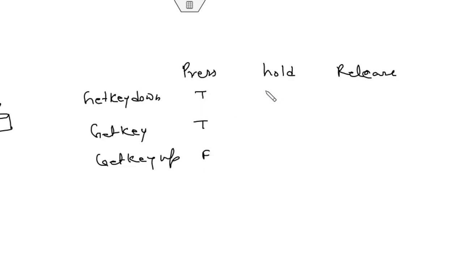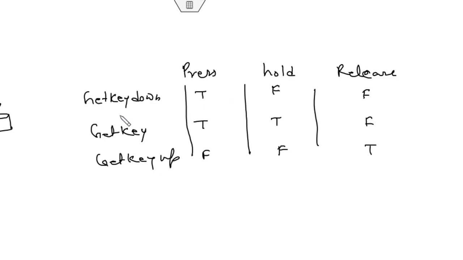And whenever we hold the button, GetKeyDown will be false, GetKey will be true, and GetKeyUp will be false. And whenever we release the button, GetKeyDown will be false, GetKey will be false, and GetKeyUp will be true. So these are all the return values of these functions.